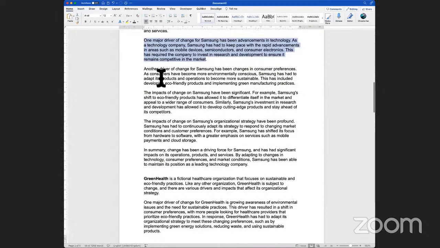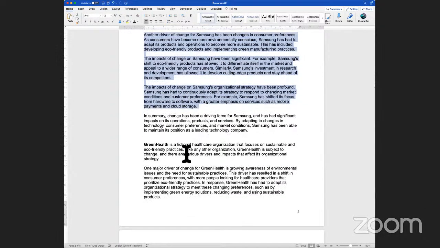I've identified that Samsung has product services like mobile devices, semiconductors, and consumer electronics. And from the case study I've started to look at the key changes which consumers are asking for in its products, and those are driving the changes within Samsung.